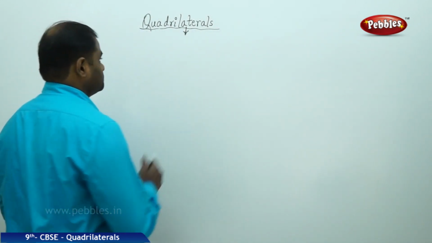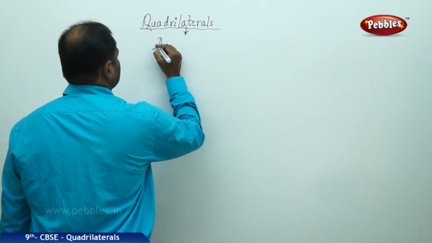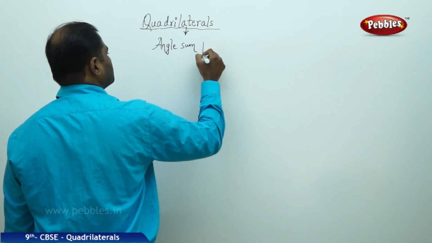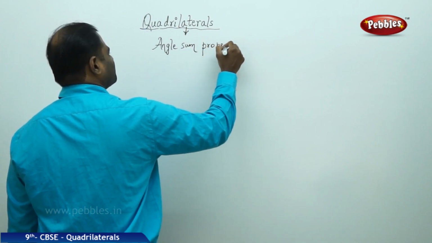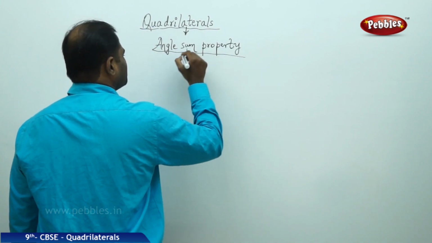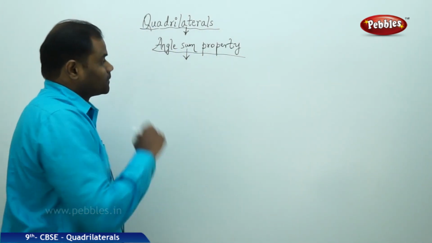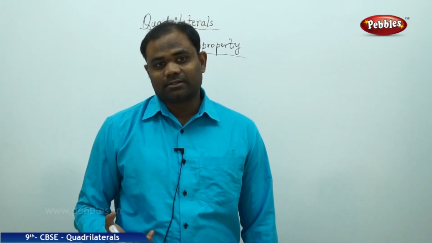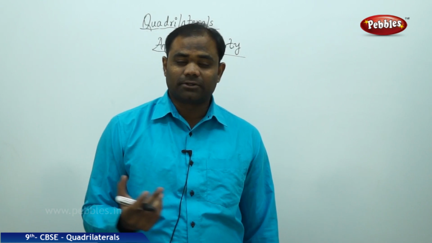Now let's see the angle sum property in a quadrilateral. Angle sum is today's session. As we have seen in the case of a triangle with three sides, obviously there are three angles in a triangle.